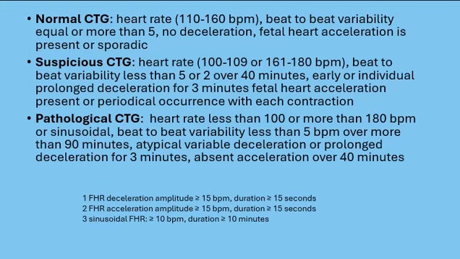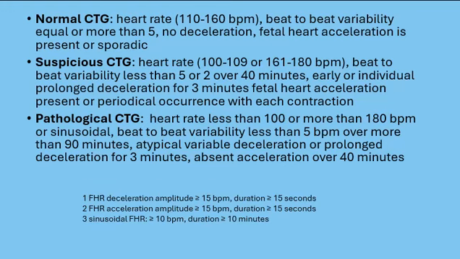FHR deceleration amplitude greater than or equal to 15 BPM, duration greater than or equal to 15 seconds. 2. FHR acceleration amplitude greater than or equal to 15 BPM, duration greater than or equal to 15 seconds. 3. Sinusoidal FHR, greater than or equal to 10 BPM, duration greater than or equal to 10 minutes.